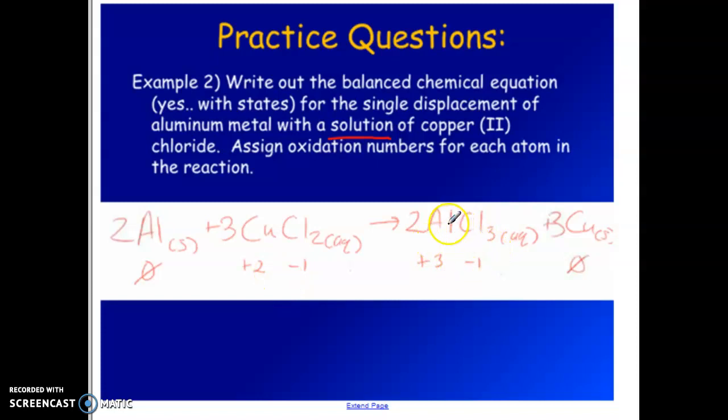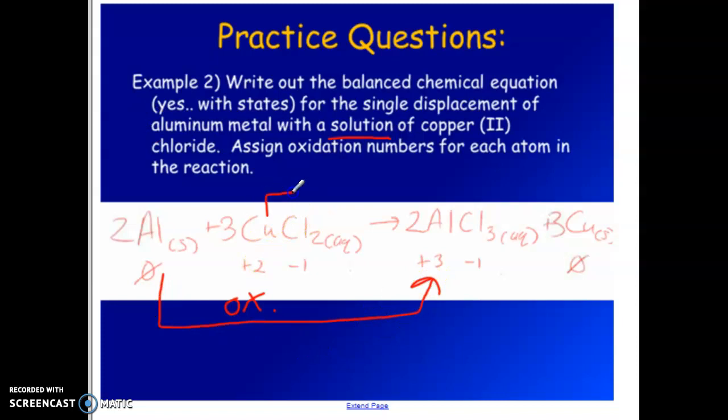Aluminum chloride, again, this is a simple ionic compound. There's no polyatomic ions here. Positive 3 for the aluminum, negative 1 for the chlorine. And then solid copper is in its elemental form, right? You didn't have to do this part, but just by looking at this on first glance, aluminum is going from 0 to positive 3, which means that aluminum is doing the oxidation reaction because it's going up in numbers.